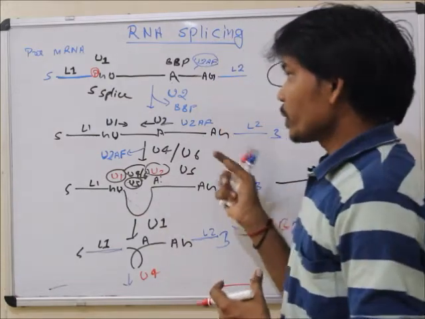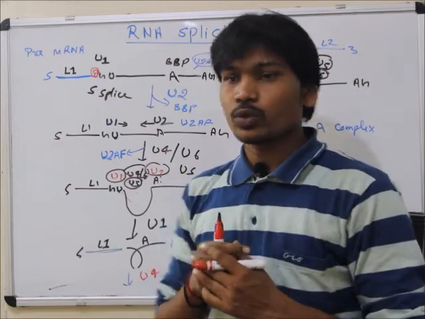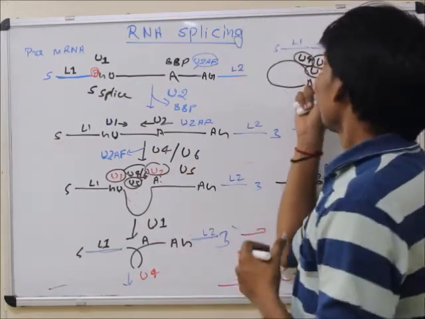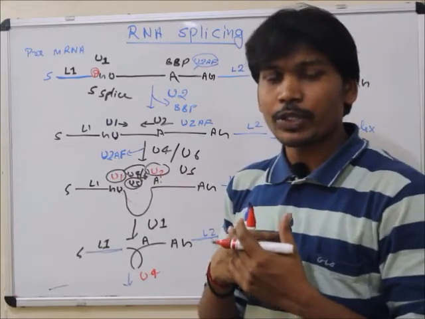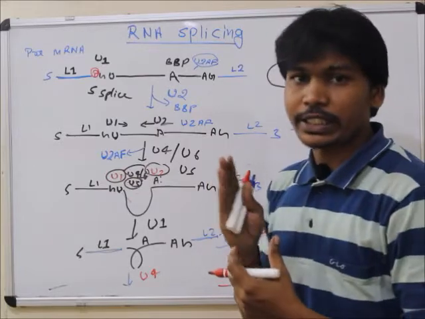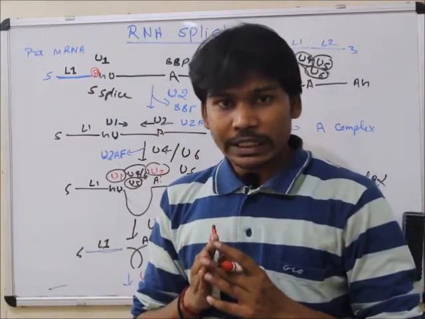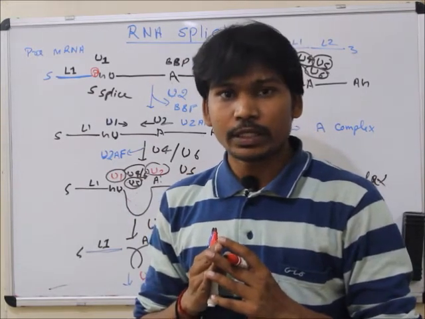After removal, only exons remain, that is the coding sequences. After splicing, matured mRNA is formed that contains no introns. If we make cDNA from the mRNA, that cDNA does not contain any introns, so cDNA is intron free.